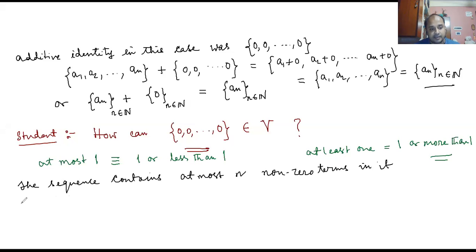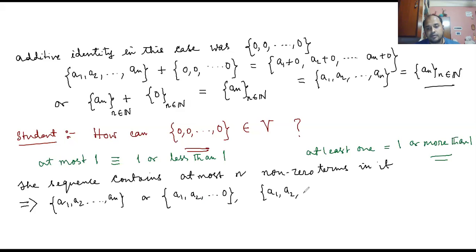that implies we can get a term like this, or we can get a term like this, or like this, or like this, or like this.